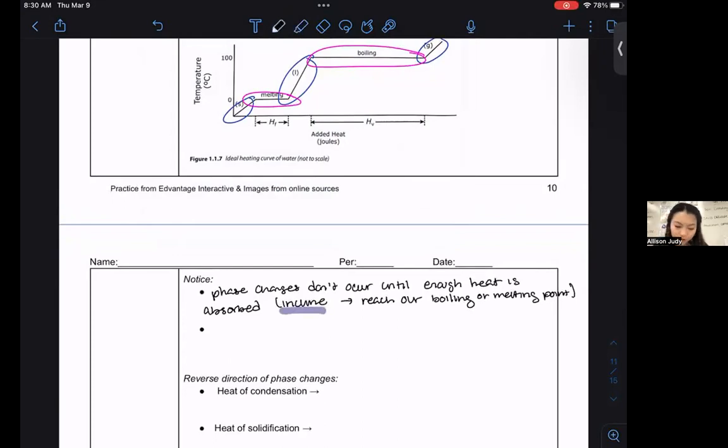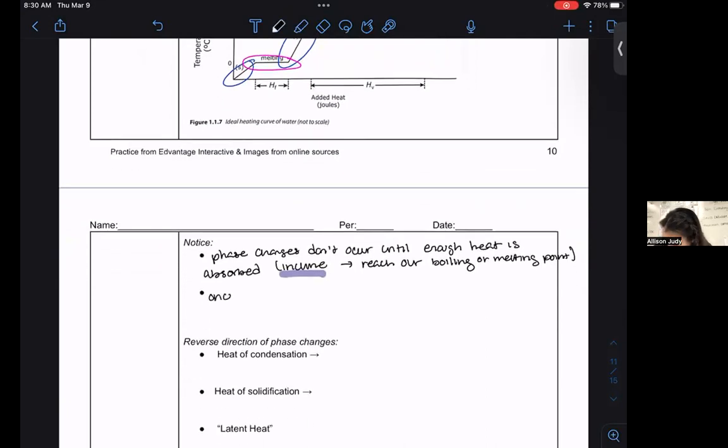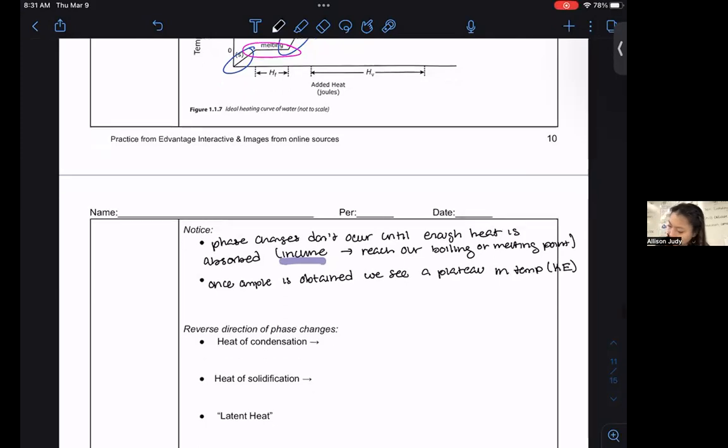Also notice that once ample heat is obtained, we see a plateau in temperature, aka kinetic energy of the particles, as the particles use the heat energy to break IMFs or weaken IMFs.